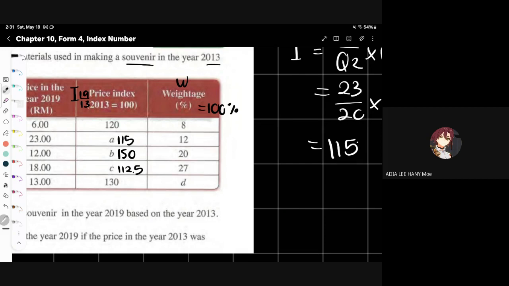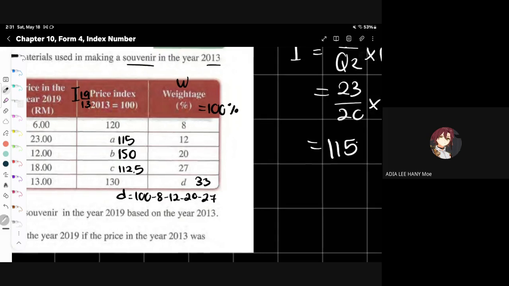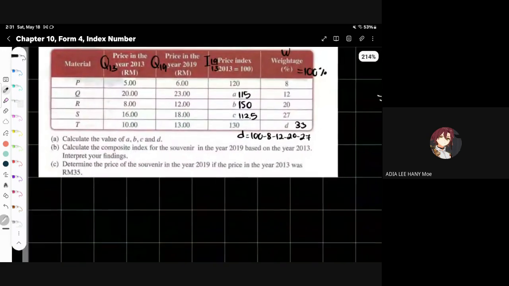So D is actually, if you were to write it properly, D is equal to 100 minus 8 minus 12 minus 20 minus 27. You understand why I minus by 100? Yeah, 33. It should be 33. Yep, correct. So 33. Now we finish question 1 already.